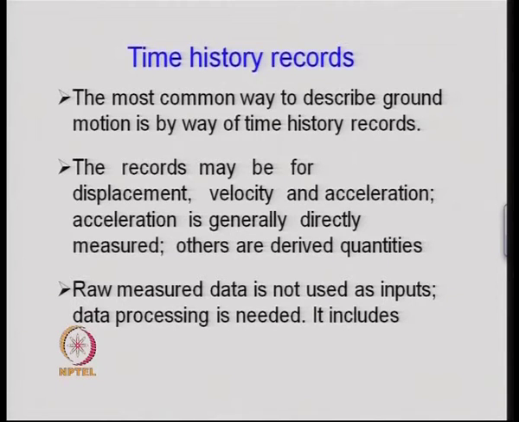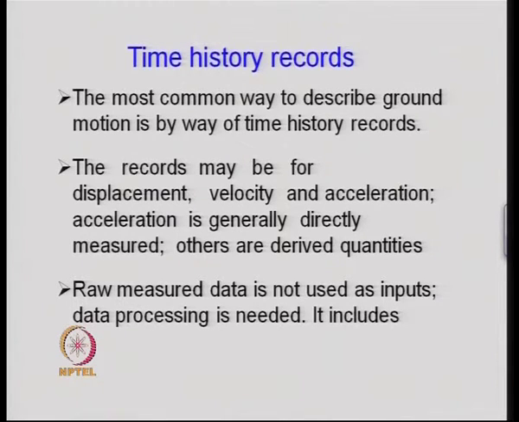It is the most common way to describe ground motion. These records may be of displacement, velocity and acceleration. Generally, acceleration is directly measured. The other quantities, that is the displacement and velocity, are derived quantities. The raw measured data is not straight away used as input.